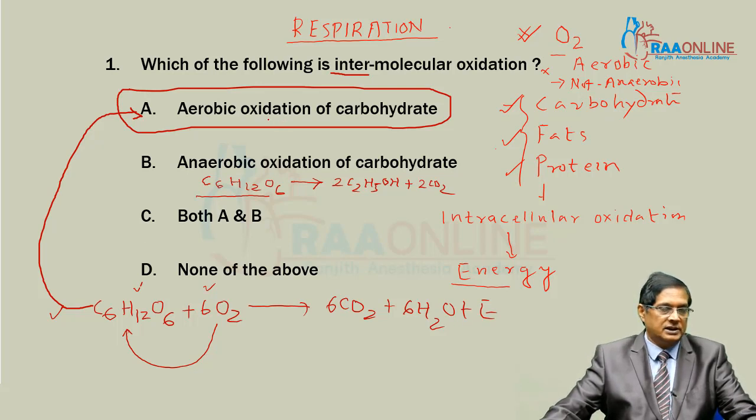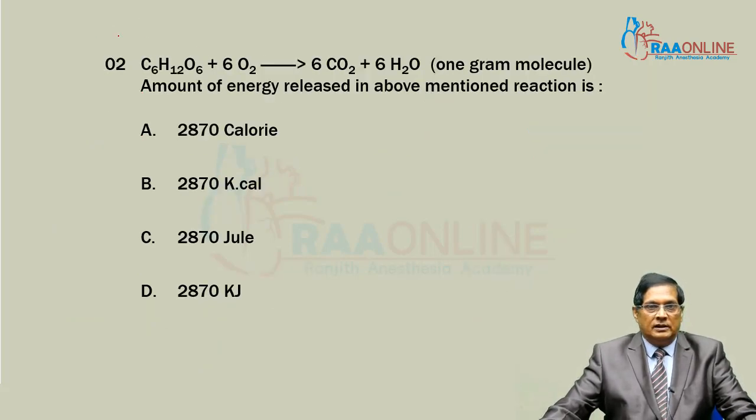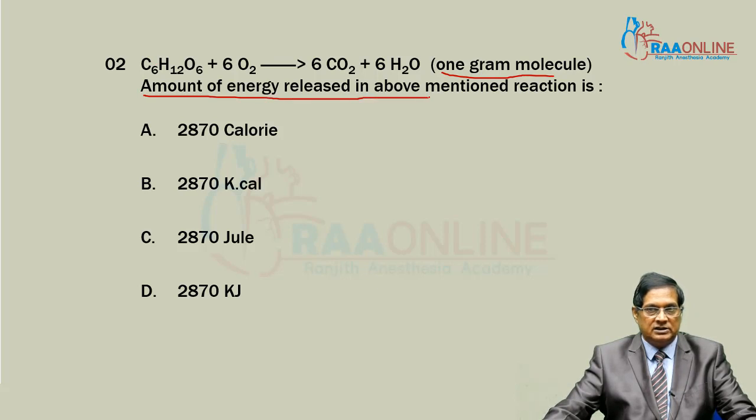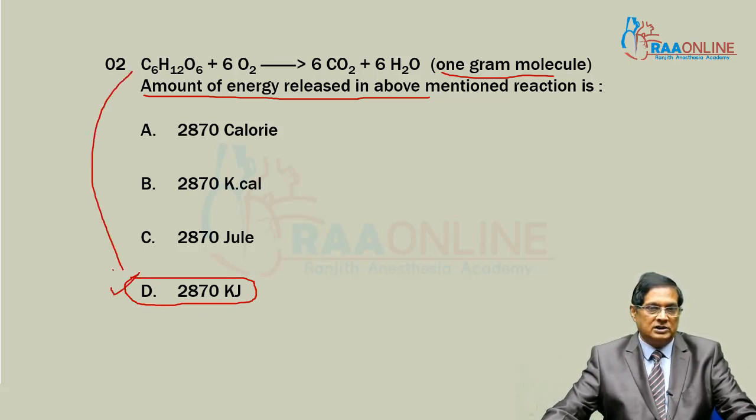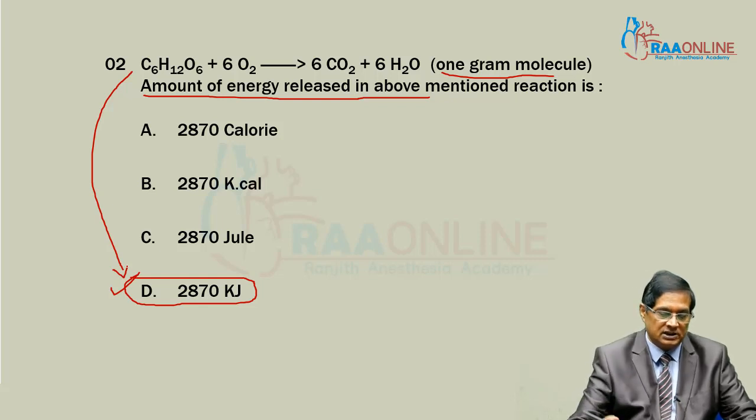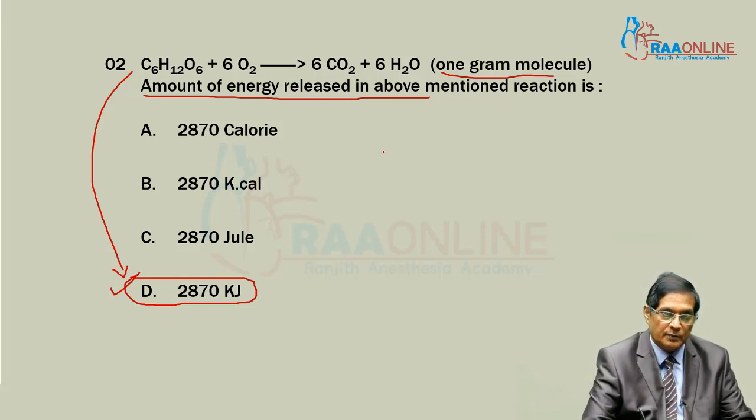Then come to the second question. Here 1 gram molecule of glucose is given and the amount of energy released is 22870 kilojoule. This is a data-based question. For the complete oxidation of C6H12O6, 1 gram molecule means carbon 12 into 6, that is 72.